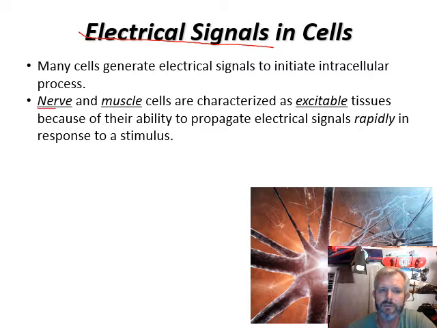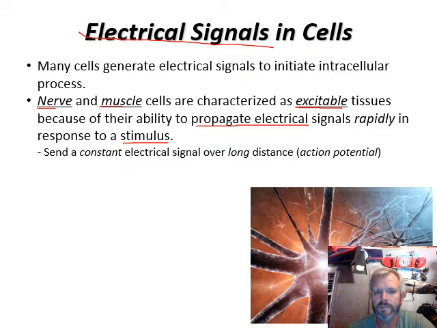we're going to see nerve and muscles. These are all characterized as excitable tissues because they're able to propagate an electrical signal rapidly in response to a stimulus. Okay, so we're going to look at the electrical property, what we call the resting membrane potential of the neuron, then at how a stimulus is formed, and then at how the electrical signal is propagated down the axon.